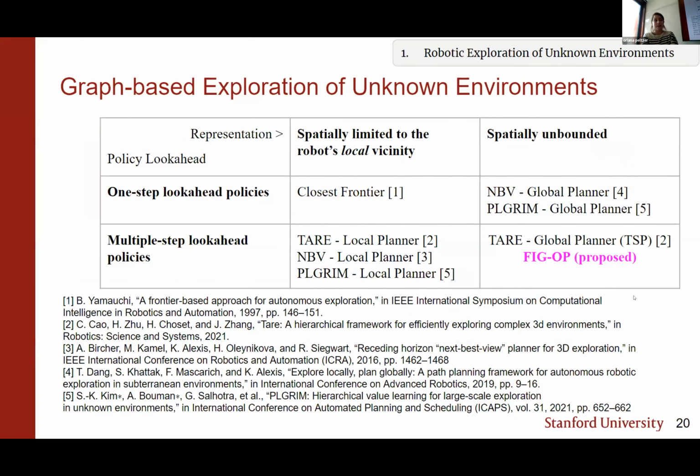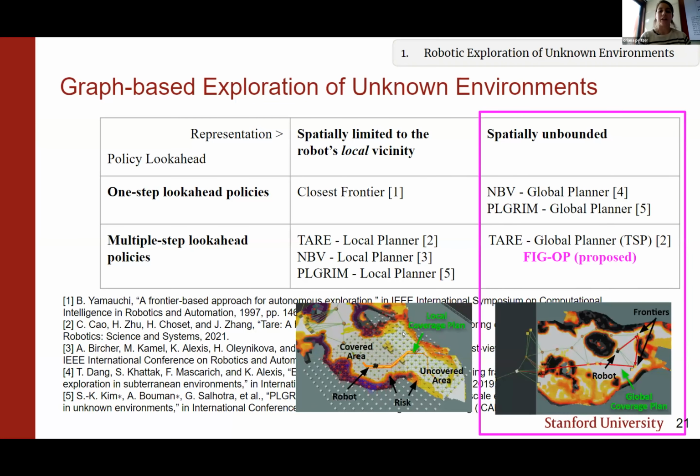In the literature on unknown environment exploration, there's a subcategory called local exploration, where the robot tries to efficiently explore a known area that's right in front of it. We're interested in the other subcategory, called global planning, where we try to make strategic decisions over the full temporal and spatial extent of the problem.